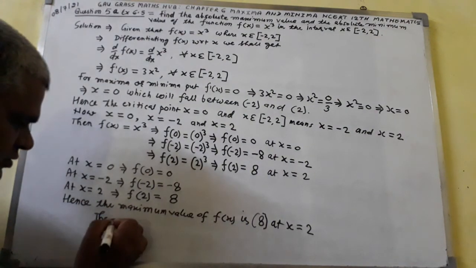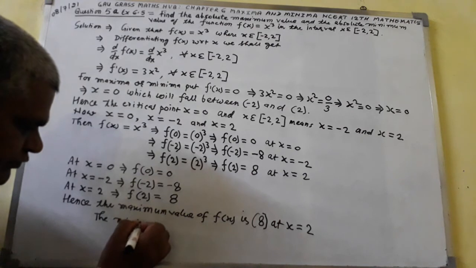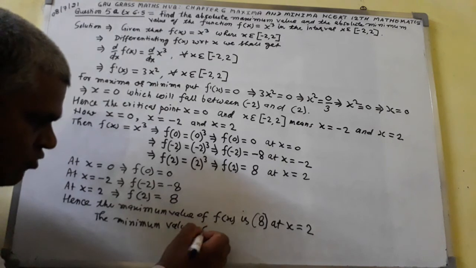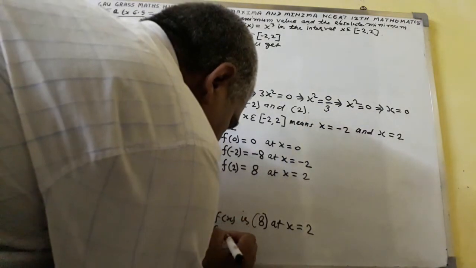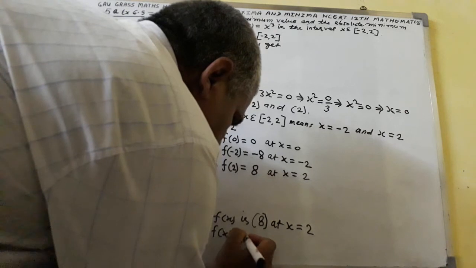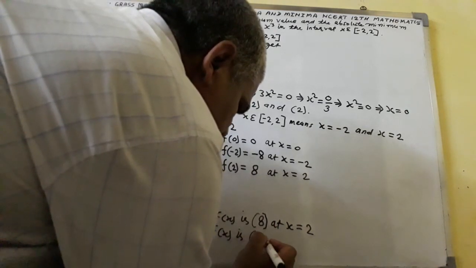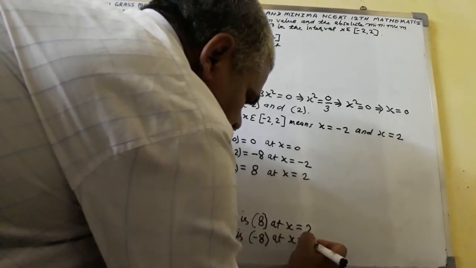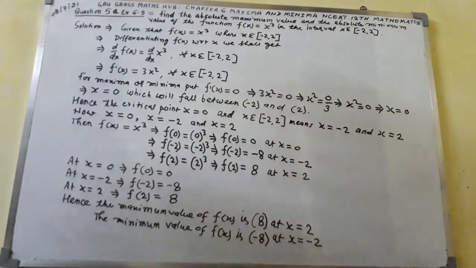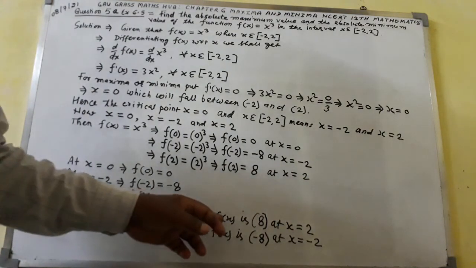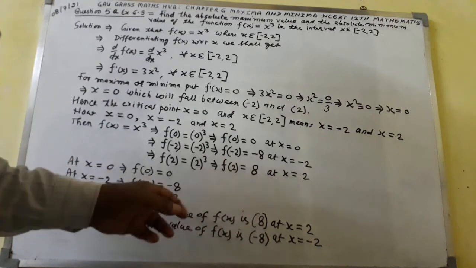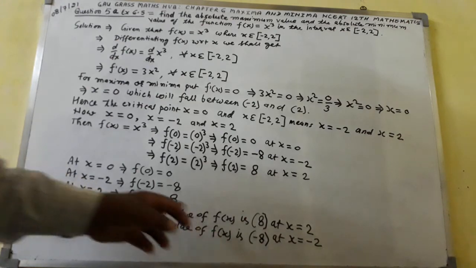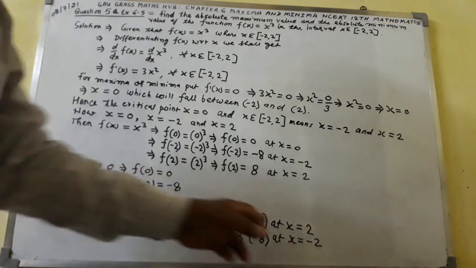The minimum value of f of x is minus 8 at x equal to minus 2. The maximum value of f of x is 8 at x equal to 2. The minimum value of f of x is minus 8 at x equal to minus 2.